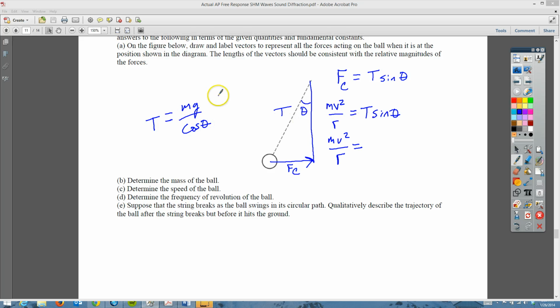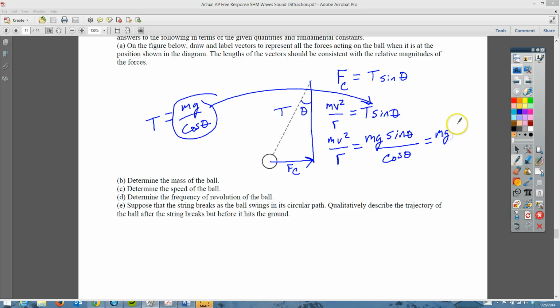Now we can plug what we have right here in for the T, and we have mg sine of the angle all over the cosine of the angle. And sine over cosine is tangent, so that's just equal to mg tangent of the angle.